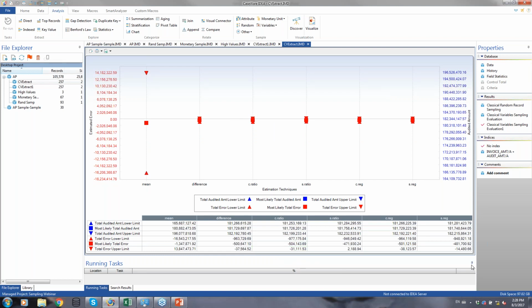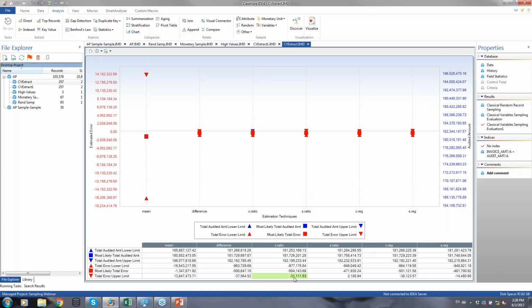We can now see here that it's at least $31,000 that we need to adjust down, and it could be adjusted down up to $977,000, because now we got enough errors and enough sample so that we could sample with confidence.